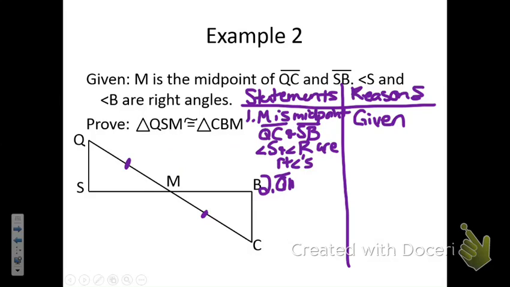So QM and MC. It's also the midpoint of SB, which is going to make S to M and M to B congruent as well. And what's my reason for that? Because if I have a midpoint, that means that I've got congruent segments. So by the definition of midpoint.